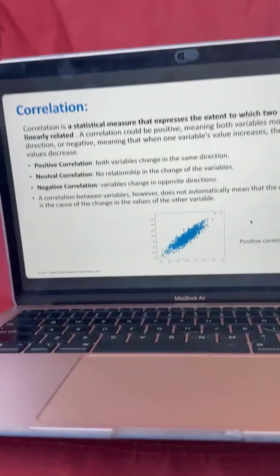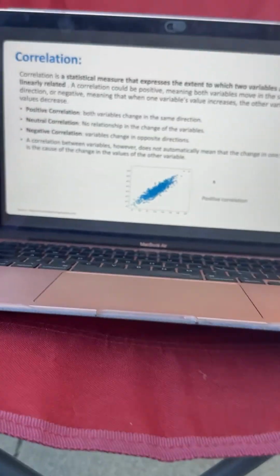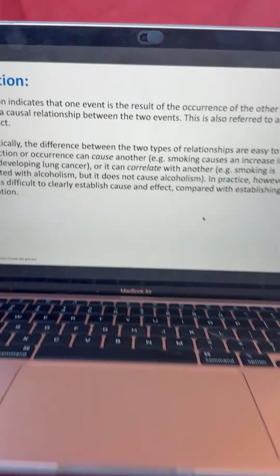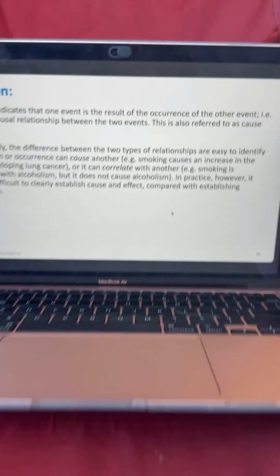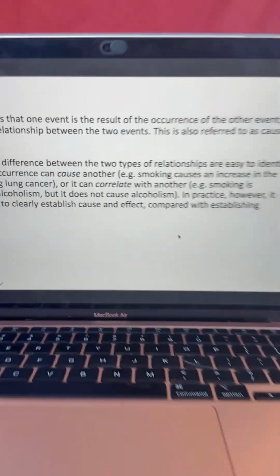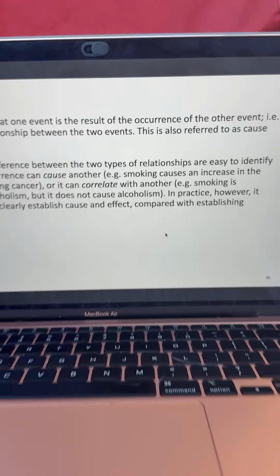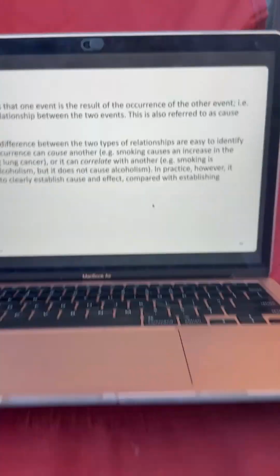Correlation between variables, however, does not automatically mean that the change in one variable is the cause of the change in the other. Causation indicates that one event is a result of the occurrence of the other event, i.e. there's a causal relationship between the two events, also referred to as cause and effect. Theoretically, the difference between the two types of relationships is easy to identify.